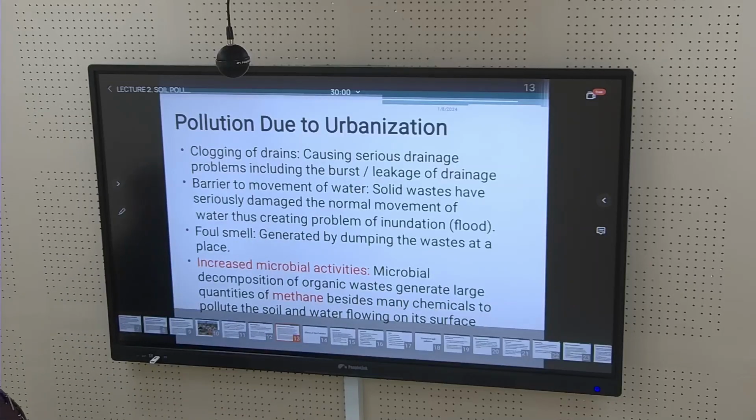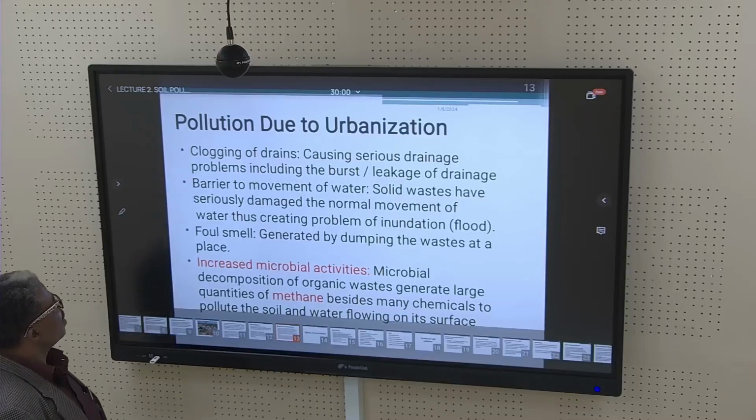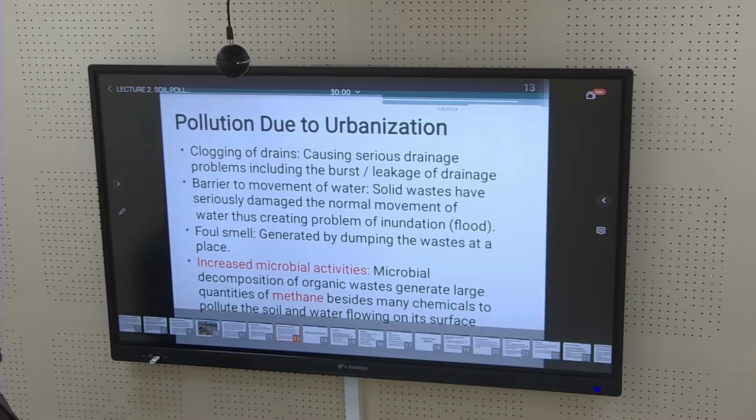Pollution due to urbanization. That's where engineering comes in. Clogging of drains, causing serious drainage problems including the burst and leakage of drainage systems, and barriers to movement of water. Solid waste has seriously damaged the normal movement of water, thus creating problems of inundation or flood.